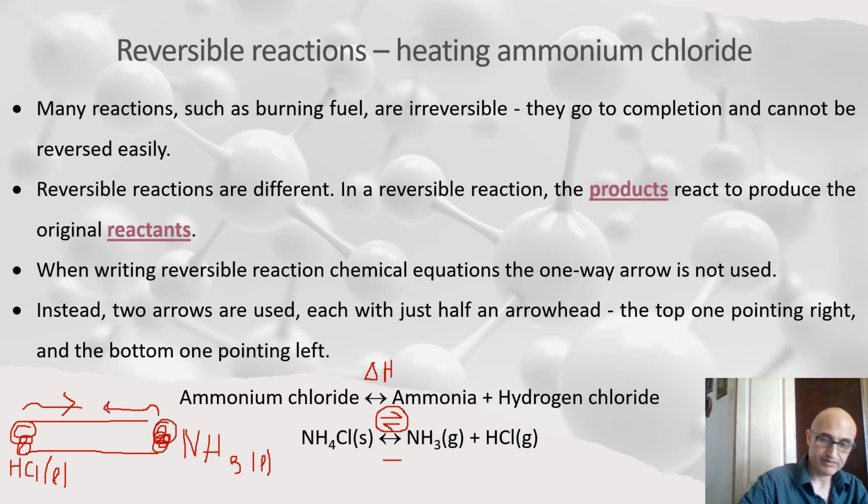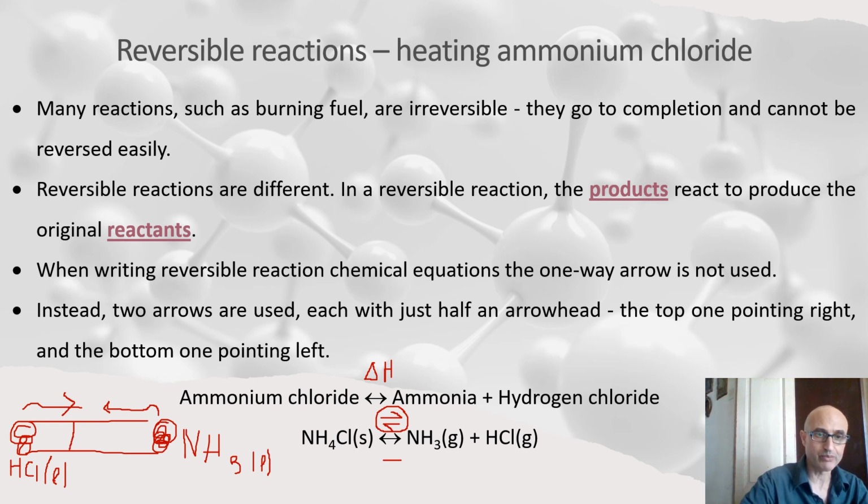Where they meet, now I'm not going to go into the issue of relative molecular mass and exactly where they meet, but they will meet closer to the side where the hydrogen chloride is than the side of the ammonia.